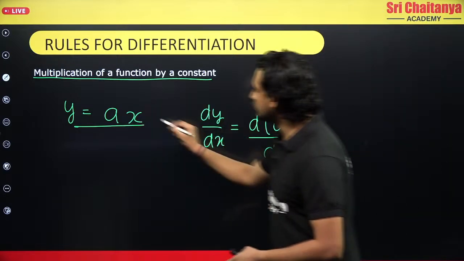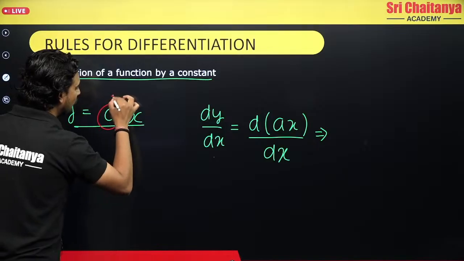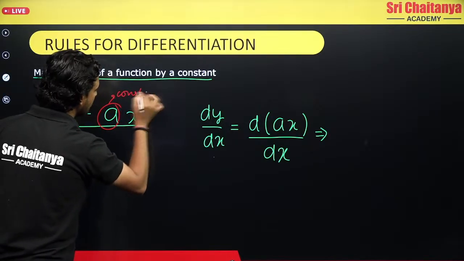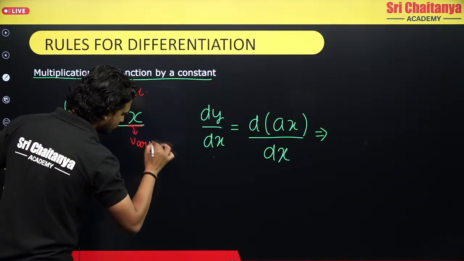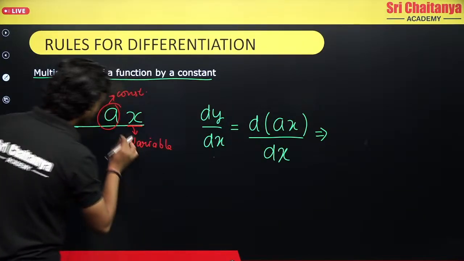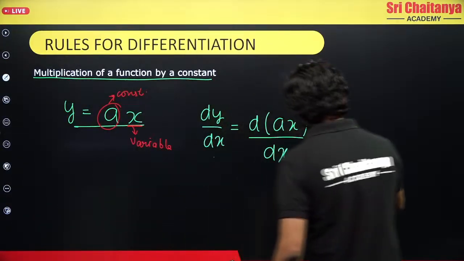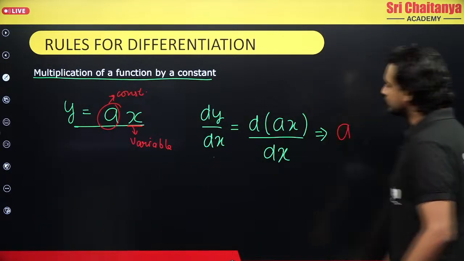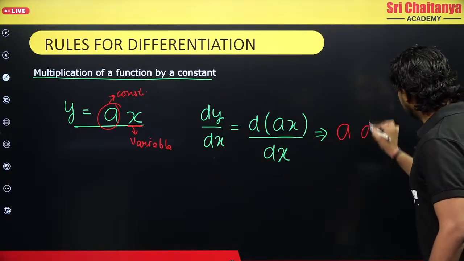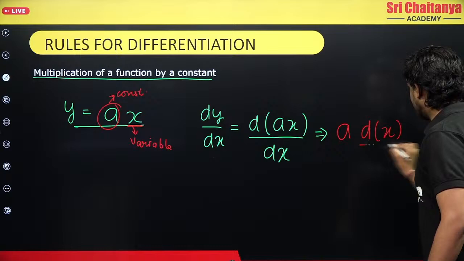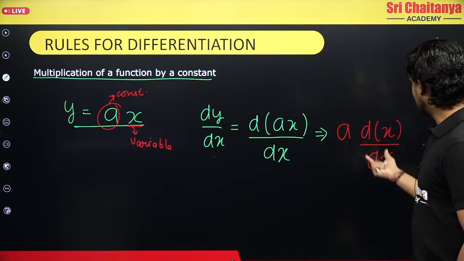This a is a constant value and this x is a variable. This constant comes out of the differentiation, and I will say a times differentiation of x with respect to x.